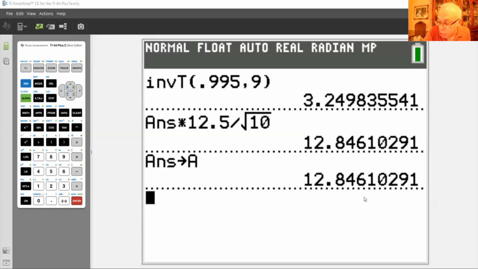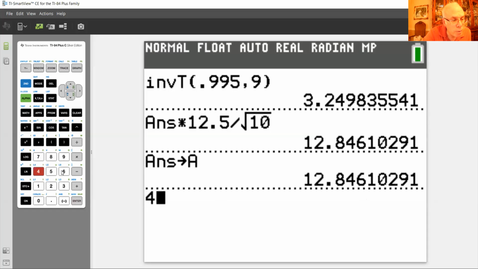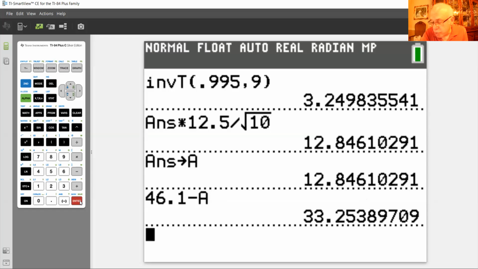All right. So we have our margin of error, 12.846, and we're going to take our 46.1 minus our margin of error, which is in alpha A. Here's our lower end of the confidence interval, 33.254.